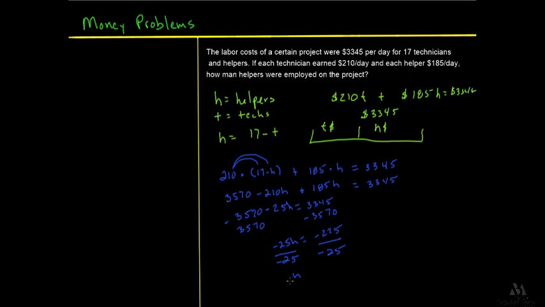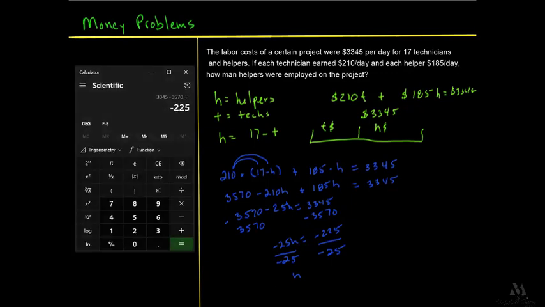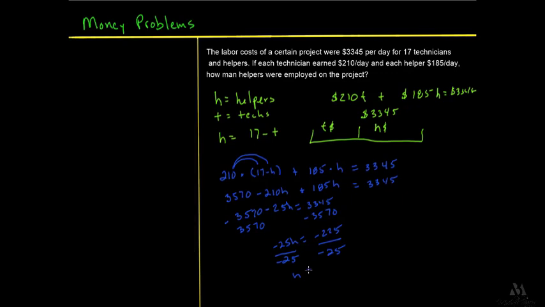This is going to give us H. And negative 225 divided by negative 25 equals 9. H equals 9. And that's the answer we came up with by guesstimation.